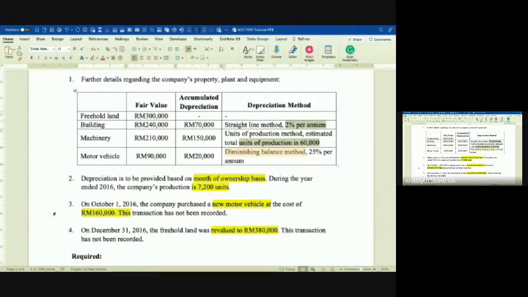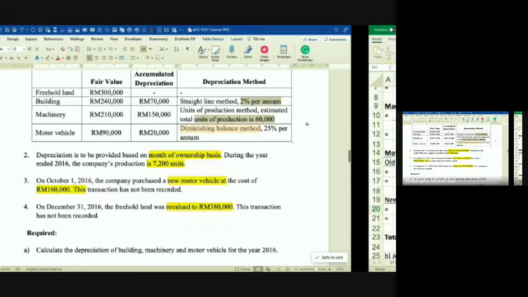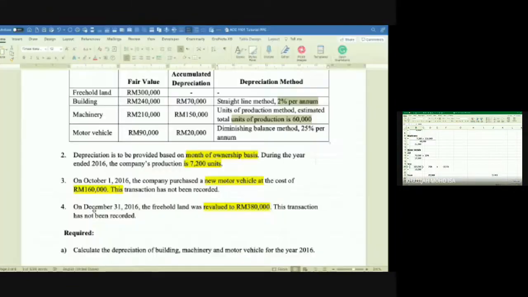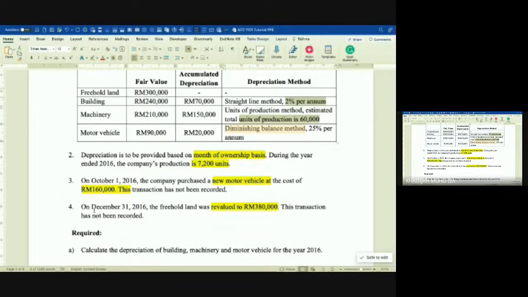There's no net book value because it's a new motor vehicle, so 160,000 times 25%. But I see the month of ownership basis, yeah?